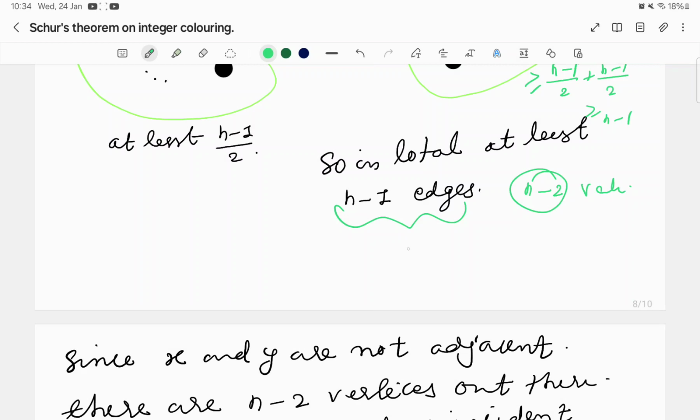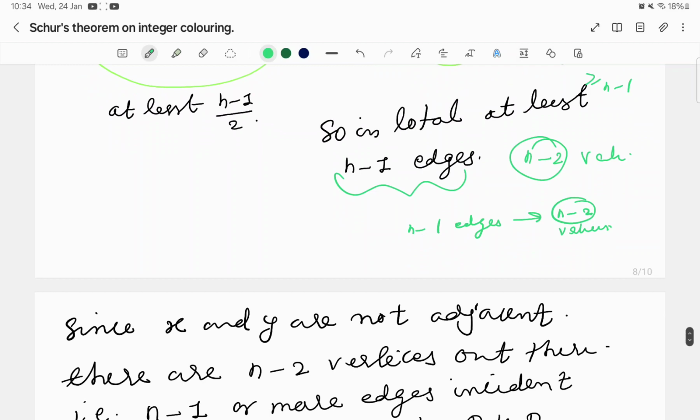So these n minus 1 edges are incident to these n minus 2 vertices. Here the pigeons are edges and holes are the vertices, right?